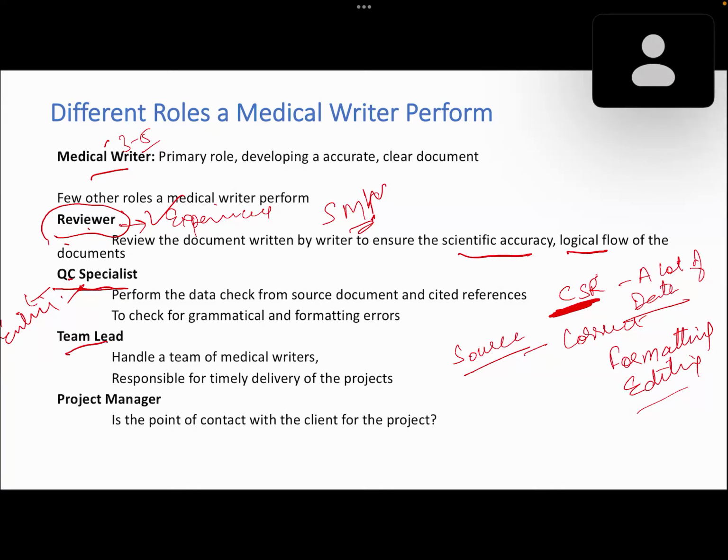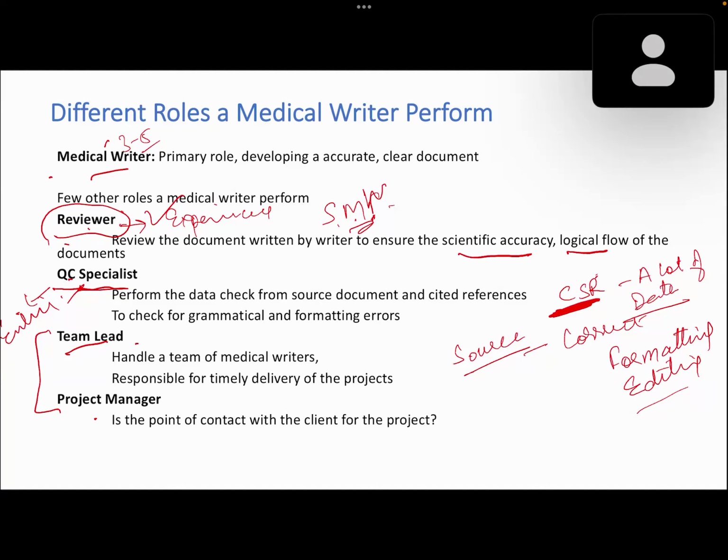Then if you are interested in people management, you can become a team lead, then project manager. But what I have seen, good medical writers don't go here. They become senior medical writer, then principal medical writer, then expert medical writer, because they know that as long as they are good with the content and good in technical skills, they are going to get a very good package.